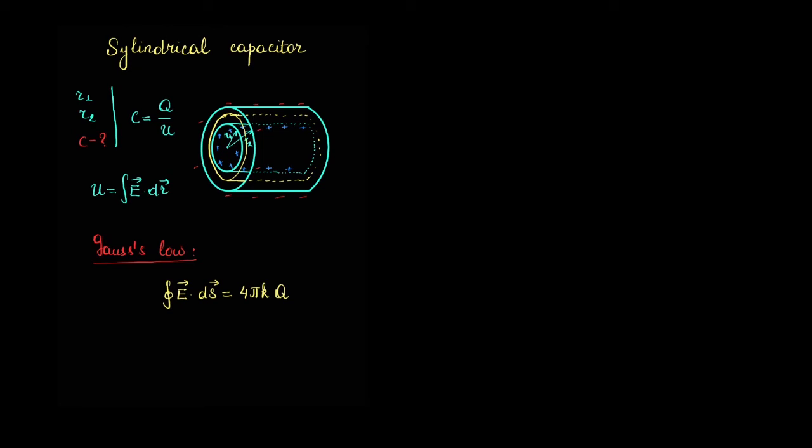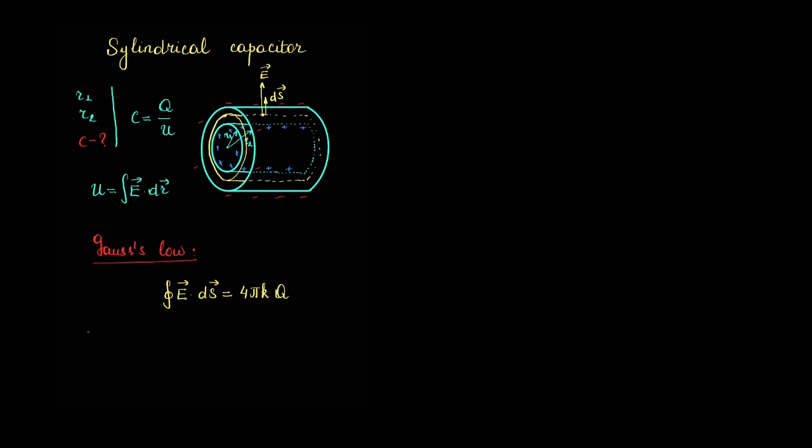On the curved surface, take any point, for example this one. The direction of E goes up. So this is E, the electric field strength. And the direction of the ds vector also goes up, the same direction as E, because the ds vector is always perpendicular to the surface and always goes outward. That's why the angle between them is just 0.